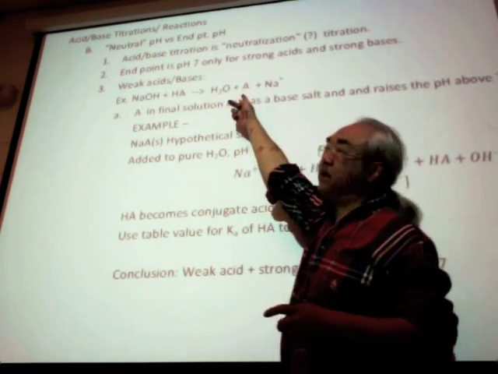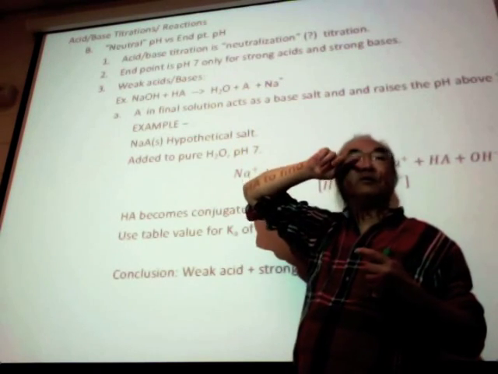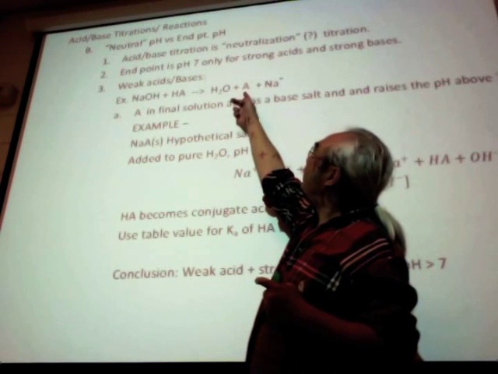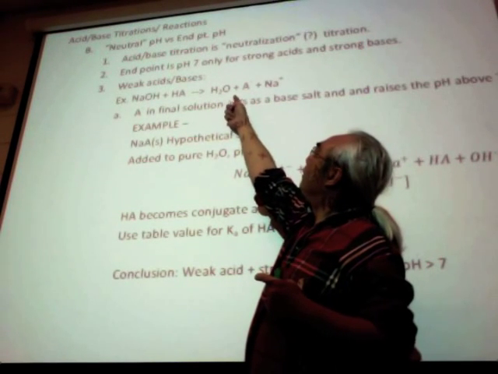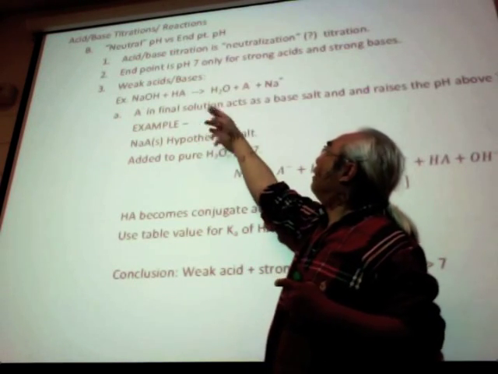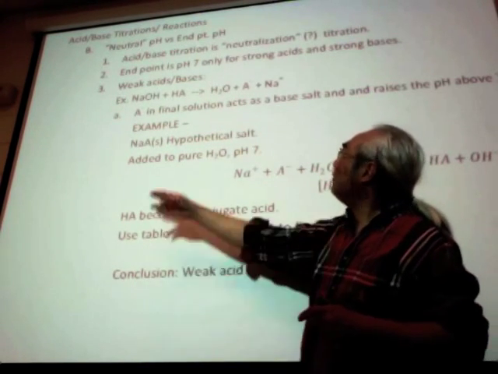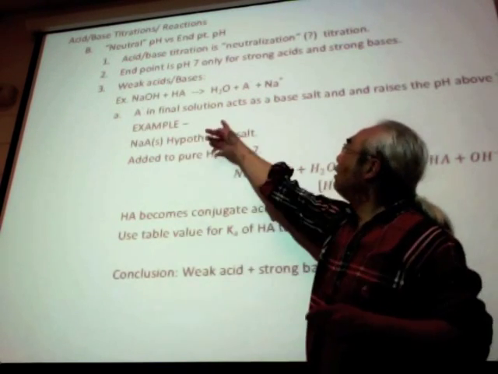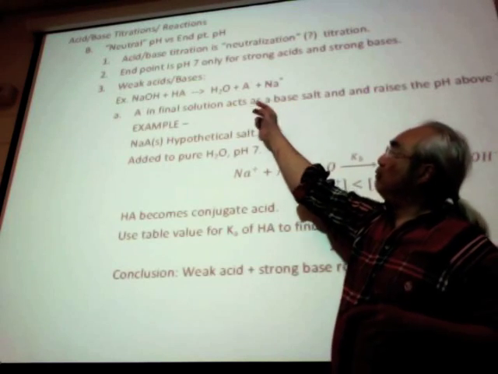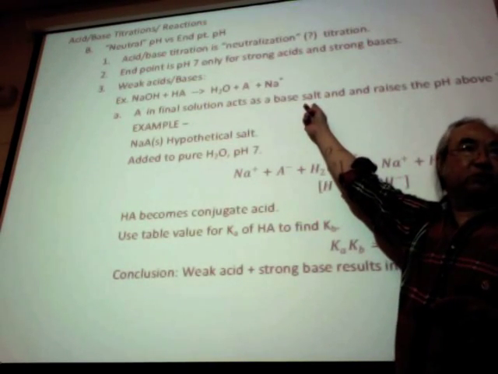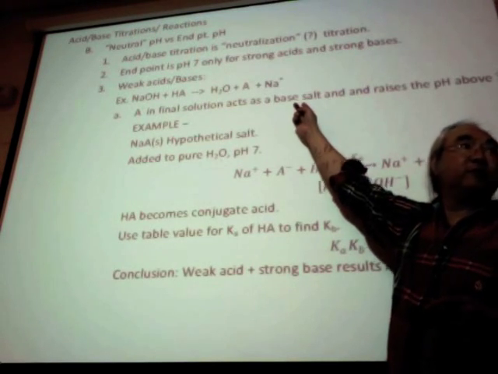So the final product at the endpoint, the equivalence point, would be these. The sodium and anion will still dissolve, so you have this in solution. So the final solution acts as if you have a base salt dissolved.